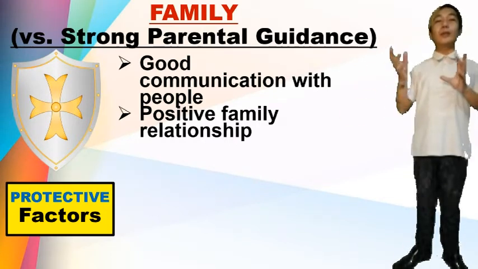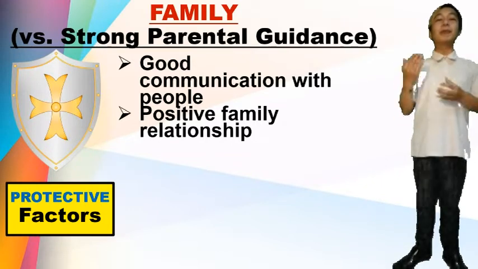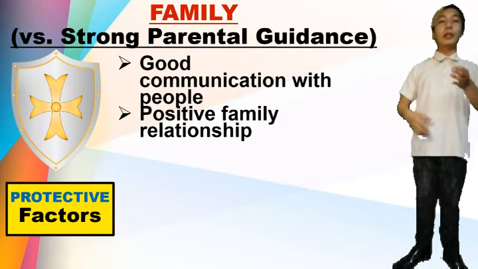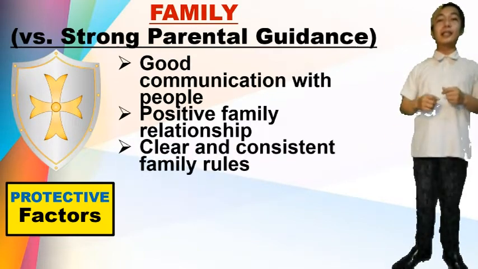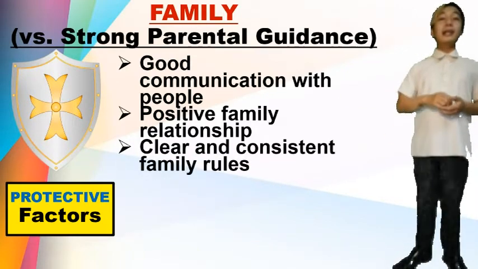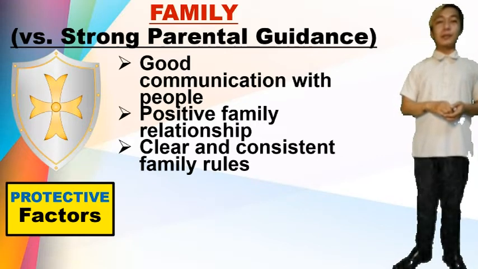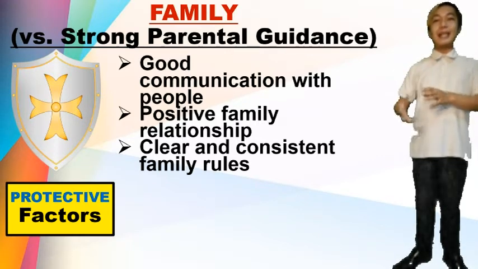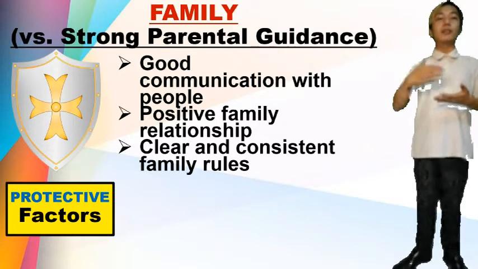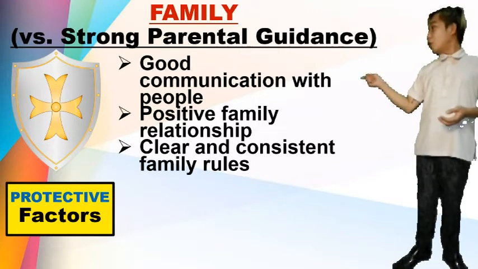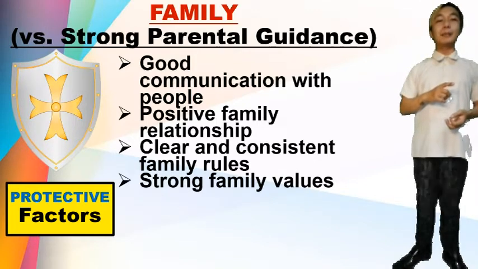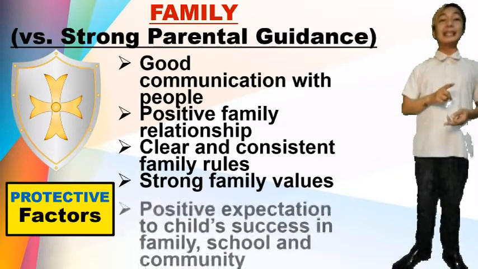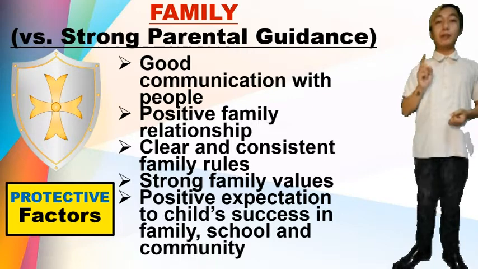So we all know that once we have a positive family relationship, we are talking to each other, you are understanding each other. Next, clear and consistent family rules. So if the parents set the rules, the children should follow it. Next, strong family values and positive expectation of child success in family, school, and community.